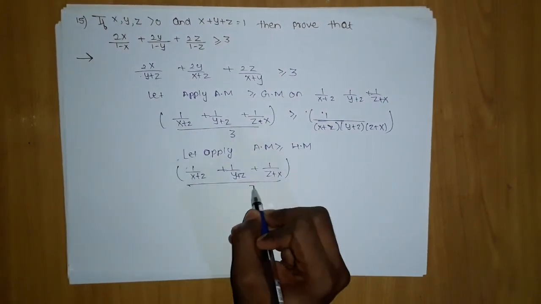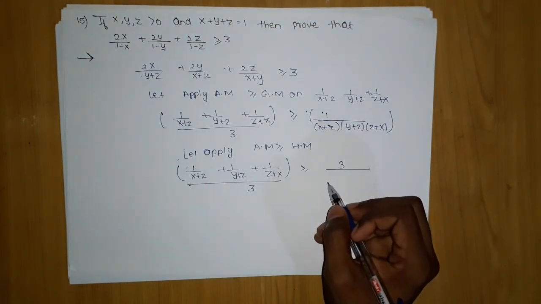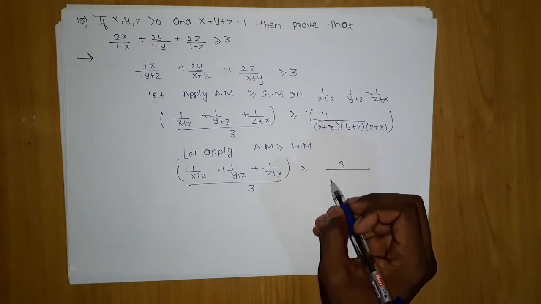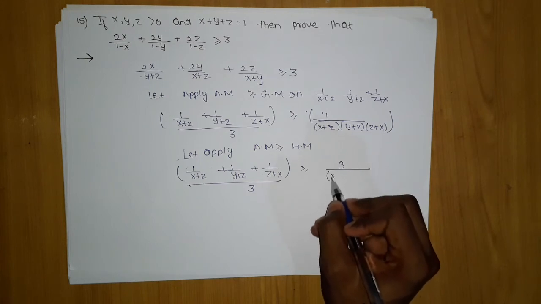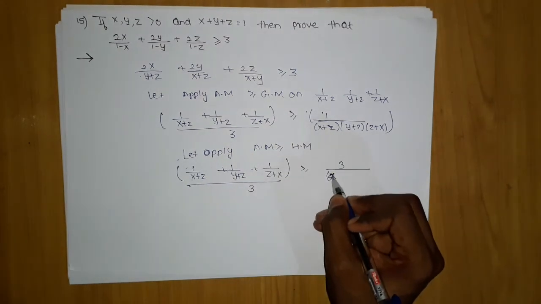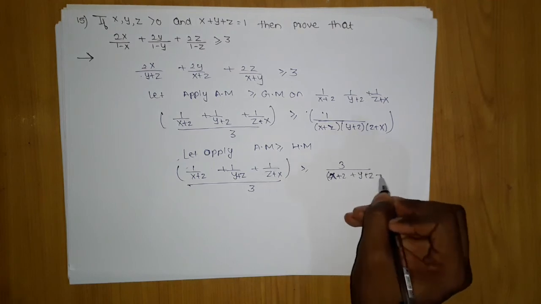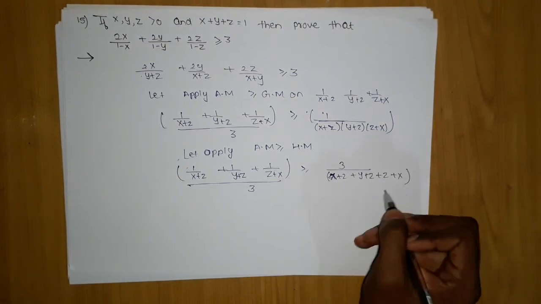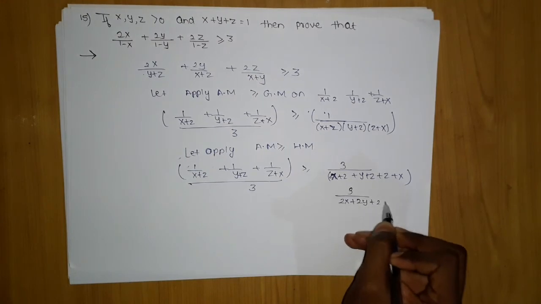Upon 3, here will be 3 upon... okay, 3 upon what? It will be 3 upon x, 1 upon, okay, so they will be inverted, which will give me x plus z plus y plus z plus z plus x, which will give me 3 upon 2x plus 2y plus 2z.